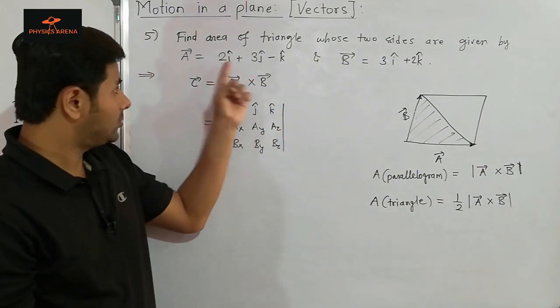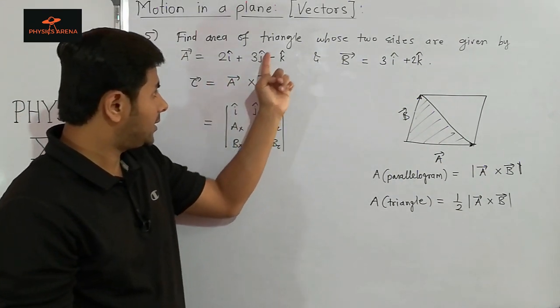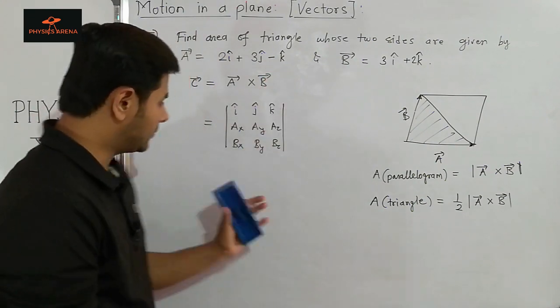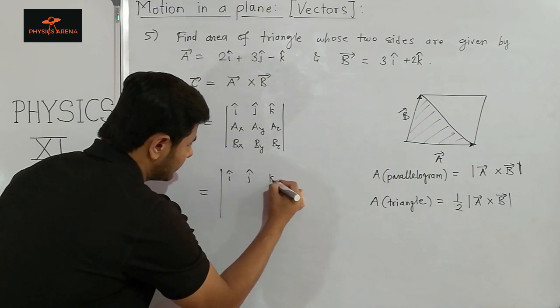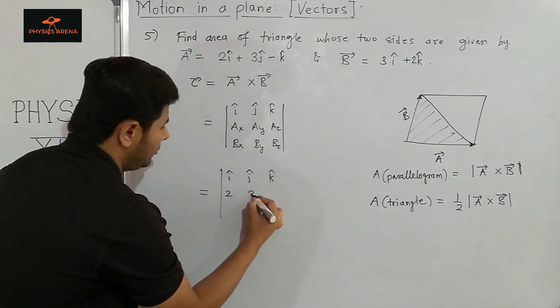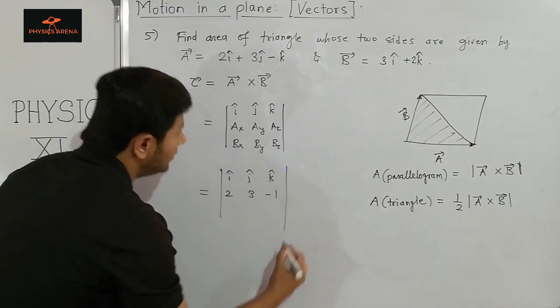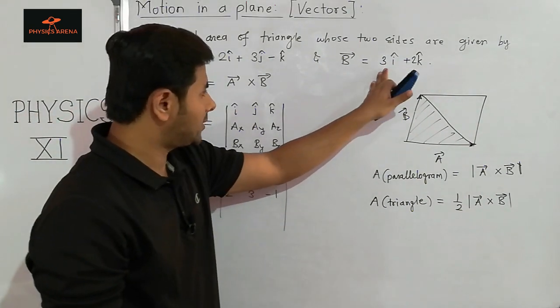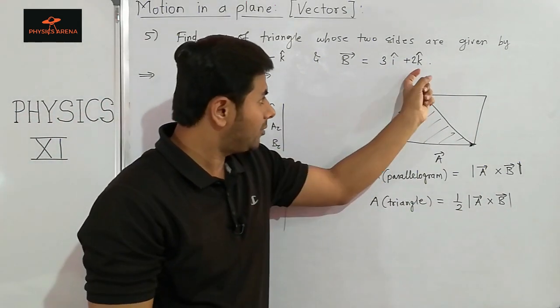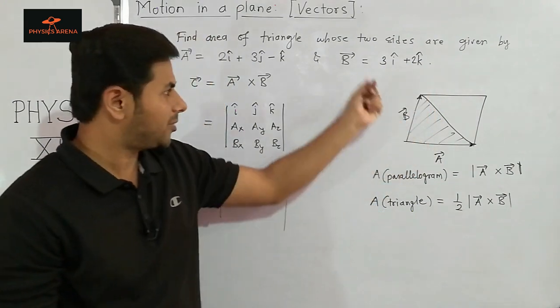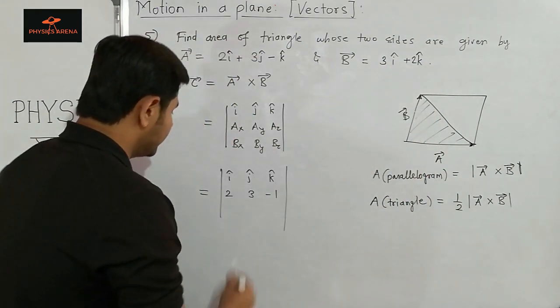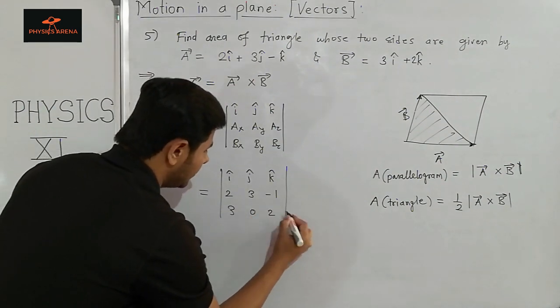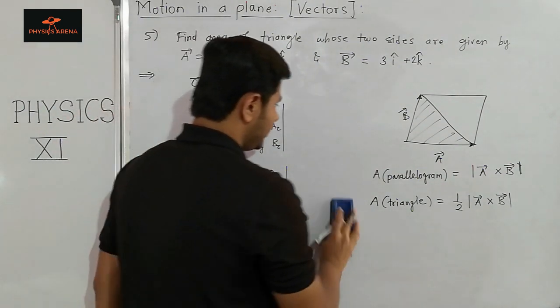So ax is 2, ay is 3, and az is minus 1. So it is i, j, k, 2, 3, minus 1, and bx is 3. There is no by here, no coefficient for j cap, and bz is 2. So 3, 0, 2.